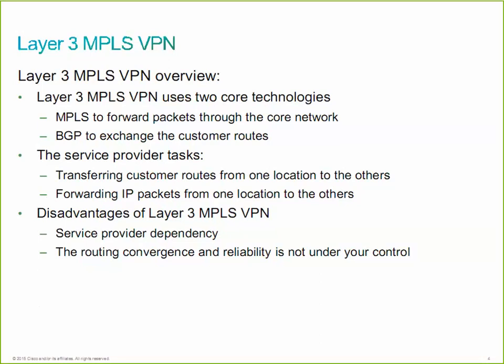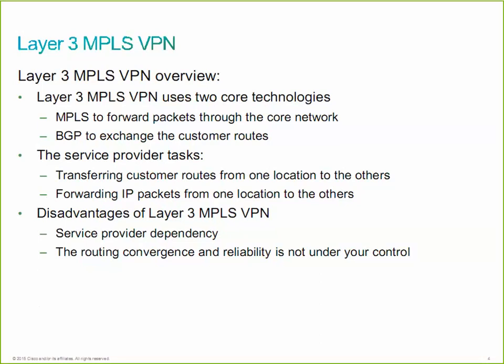MPLS is primarily used to forward packets through the core of the service provider network. The second major component is something called MPBGP, or multi-protocol BGP. That's used to exchange the customer routes between the service provider edge routers.